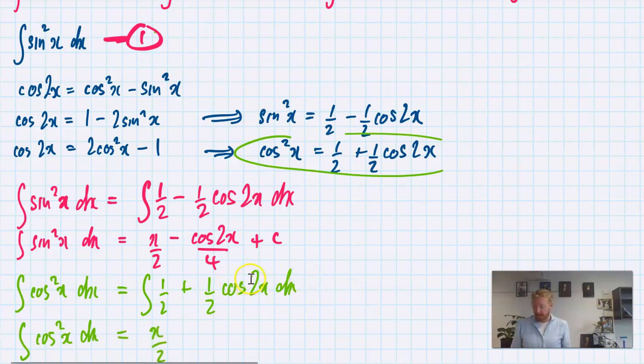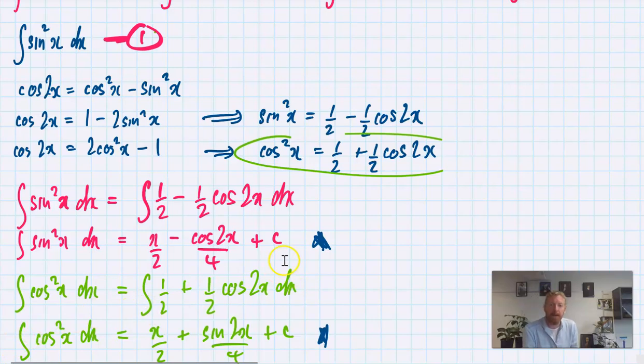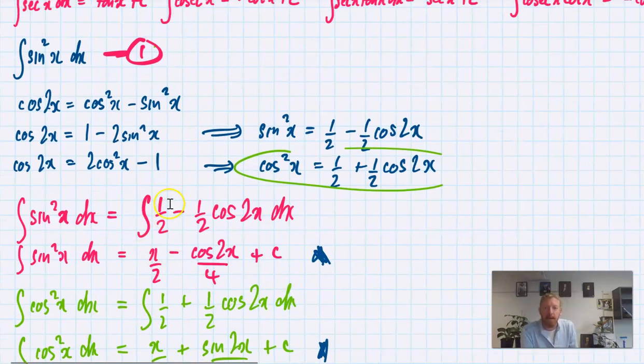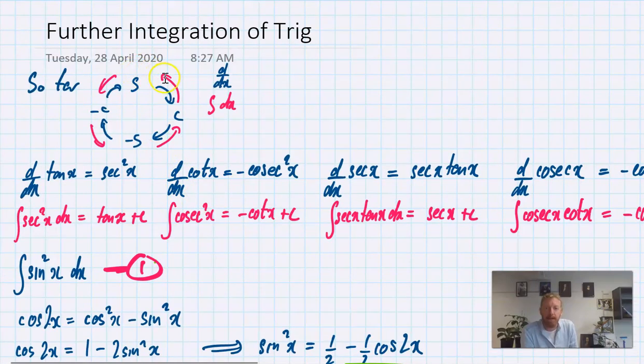Cos goes to sine, so that's going to be a plus sine 2x on 4 plus c. So now I've got two new integrals that I can do. I can now do sine squared x and cos squared x on top of all of these.